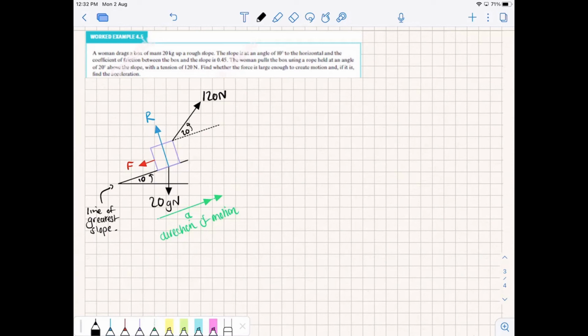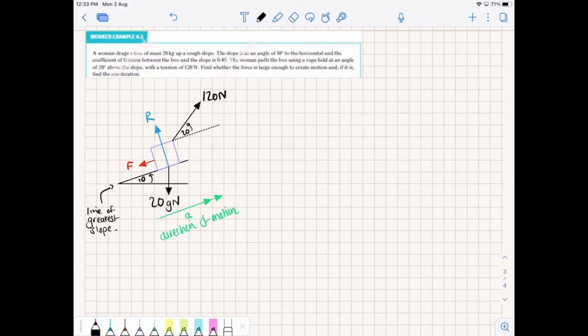Right, we need to calculate net force, or we need to find out if there is a net force. Except this time it's not a nice vertical problem. We've got many forces, and so we need to look at the forces and decide in which direction to resolve. We want to find the normal contact force, and in order to do that, we need to resolve perpendicular and parallel to that direction.